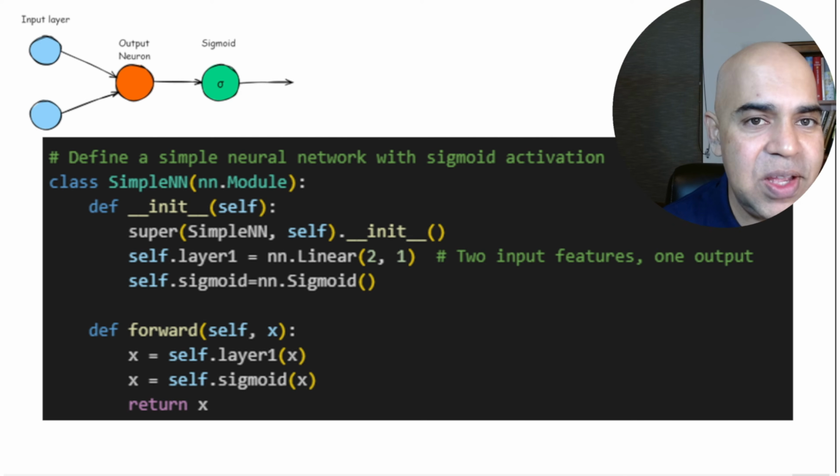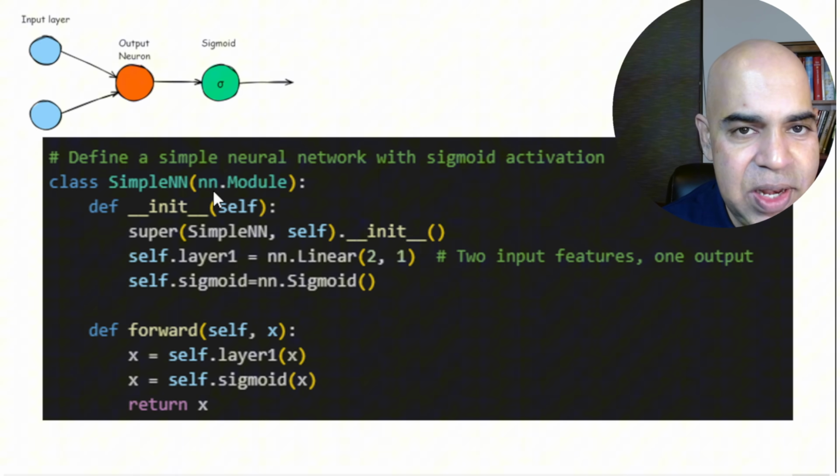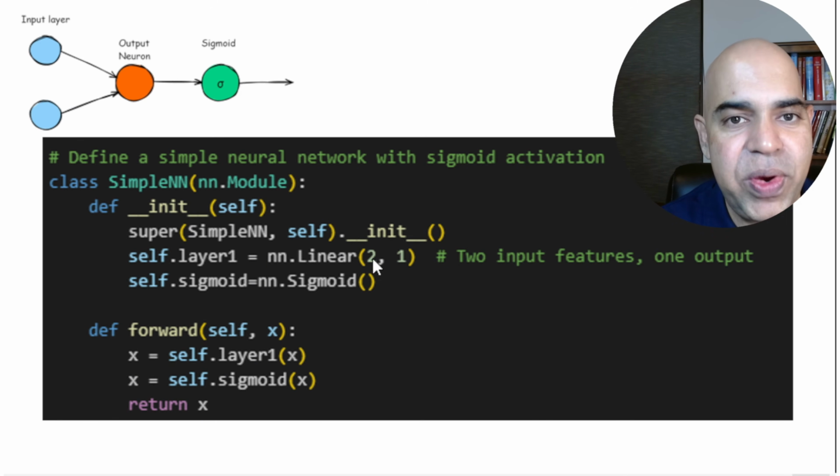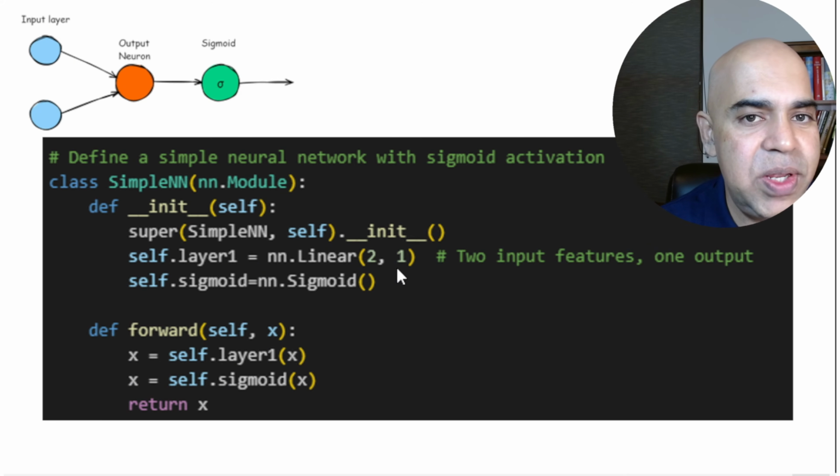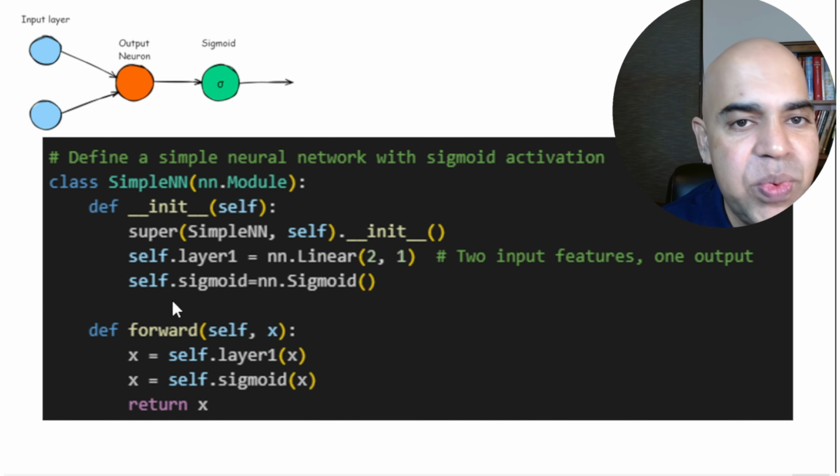So here is the coding. We have a simple neural network. We have layer 1 where we have two inputs, and we have one neuron in the output. And then we are using nn.Sigmoid, taking this to a variable named sigmoid. In the forward method, the input comes in.